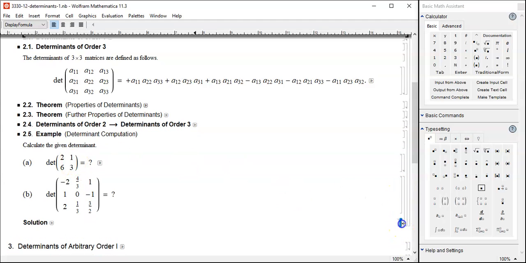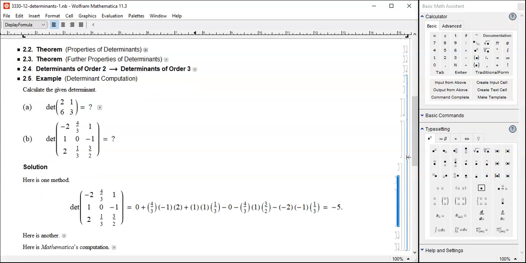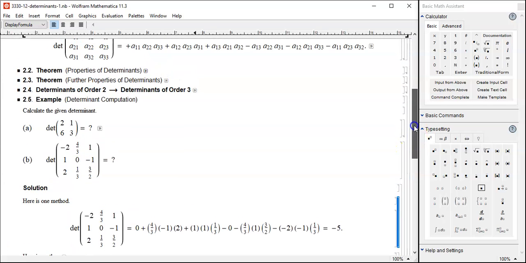How about this example? Here's one method, by the direct definition. Negative 2 times 0 times 3/2, that's straightforward computation, is 0. That's easy. Next, 4/3 times negative 1 times this number, 2.